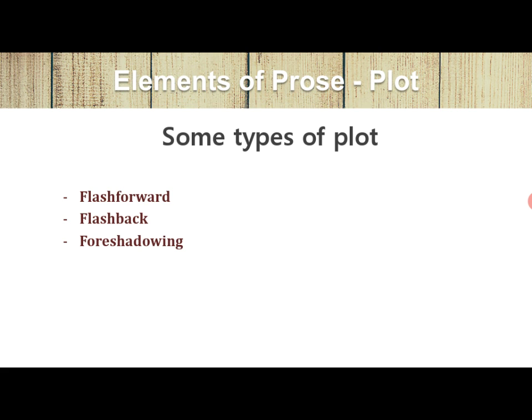And this kind of method is used by the author, let's say, to be rather tricky, to play with the emotion of the readers. What the reader expected from seeing the clues, that the story will be like this, turns out to be different, because it is modified by the author, and the author knows exactly that the readers would think the story will go this way, but then he changes what has been predicted and gives something different.